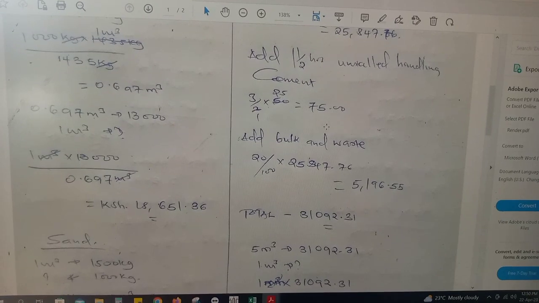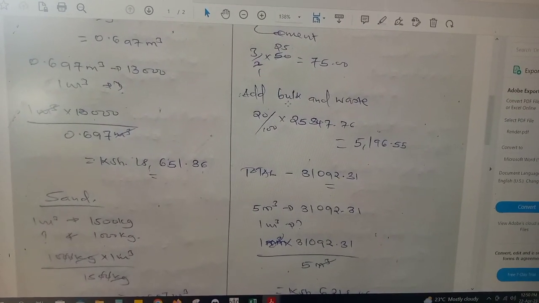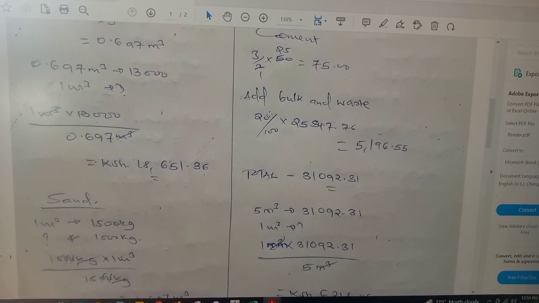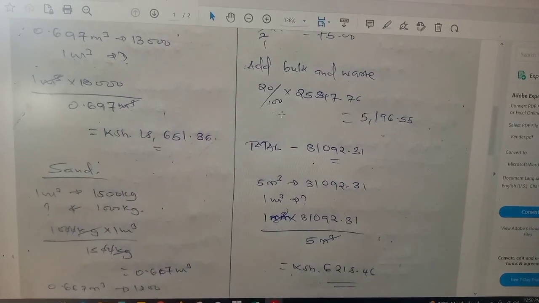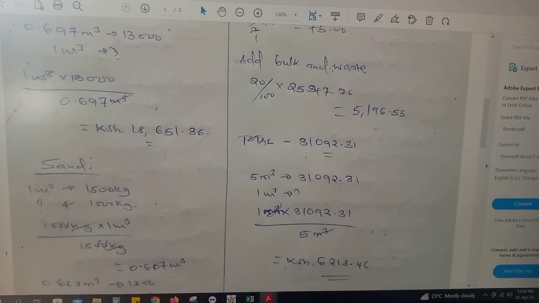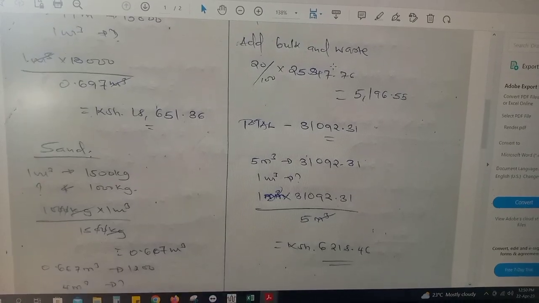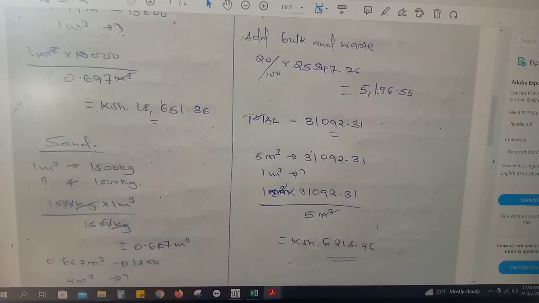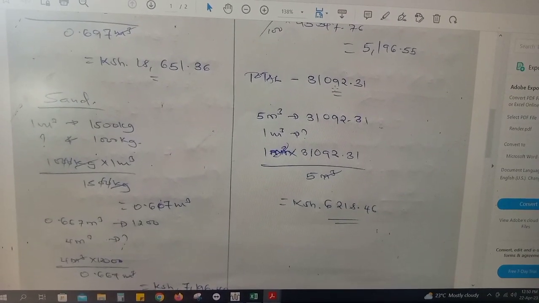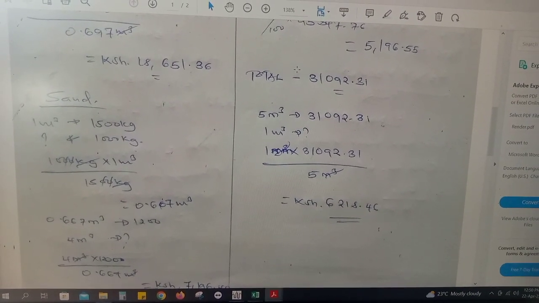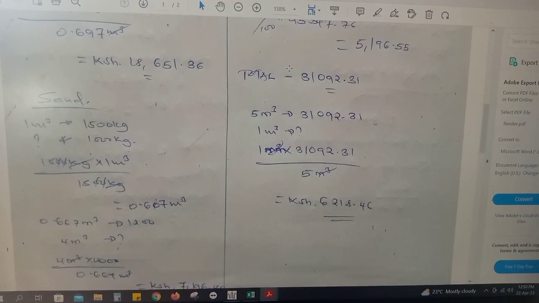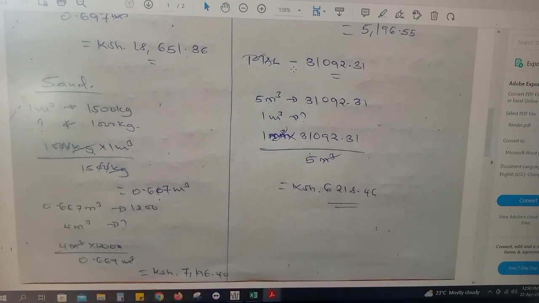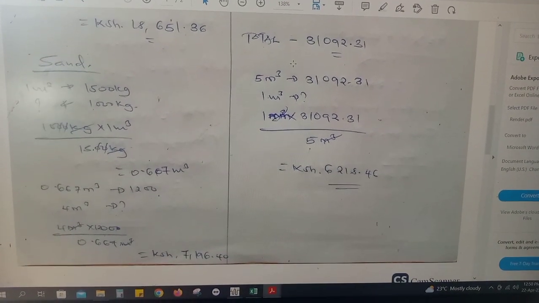You'll get 75 shillings. Then you add allowance for bulk and waste, which is 20%. Then you multiply 20% by the cost of sand and cement, which will be 5,196 and 55 cents. Then the total of materials plus the allowances will be 31,092 shillings and 31 cents.